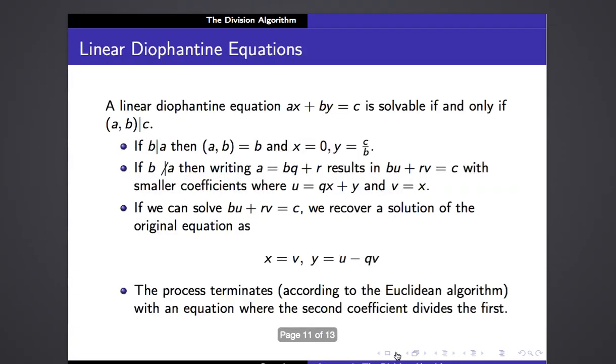Okay, so moving on. A little more about linear Diophantine equations. A linear Diophantine equation, ax plus by equals c, is solvable if and only if the greatest common divisor of a and b divides c.